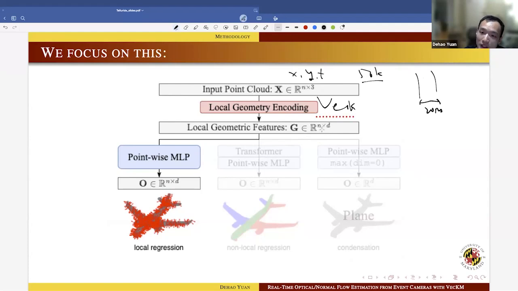You will get a 50K by 256 matrix. And then you input it to a point-wise multi-layer perceptron, a sequence of 256 by 128 and then 128 by 2.